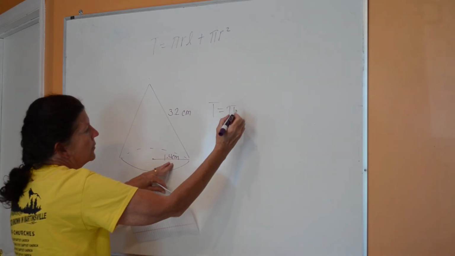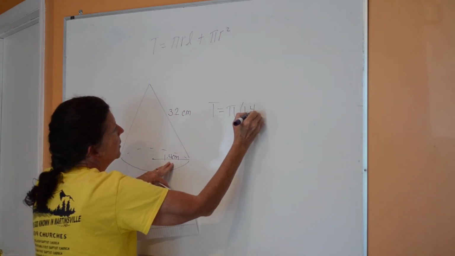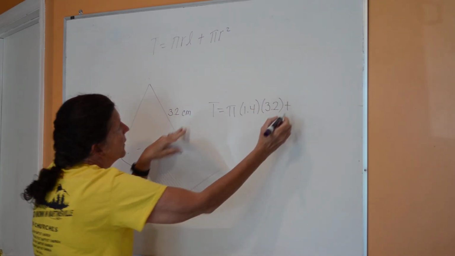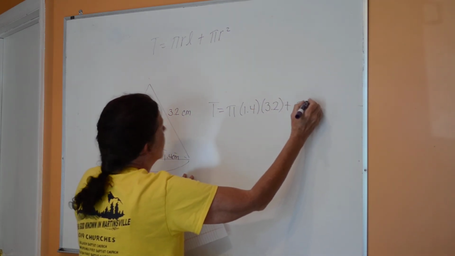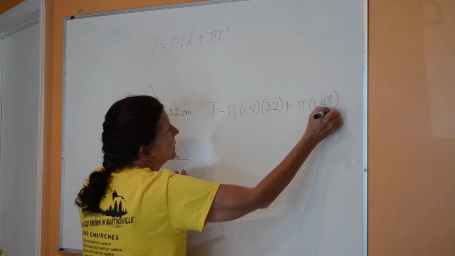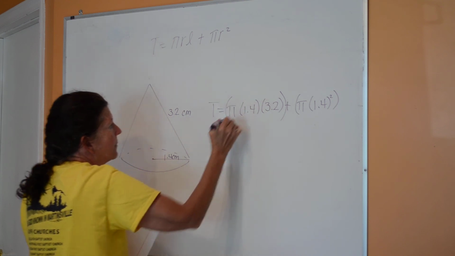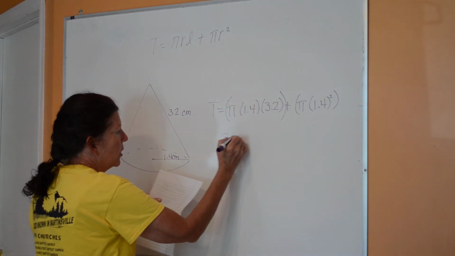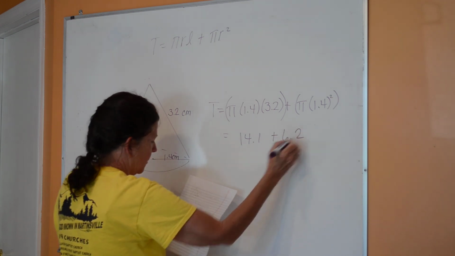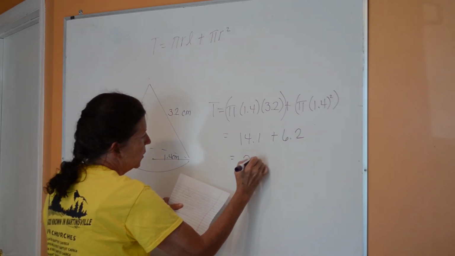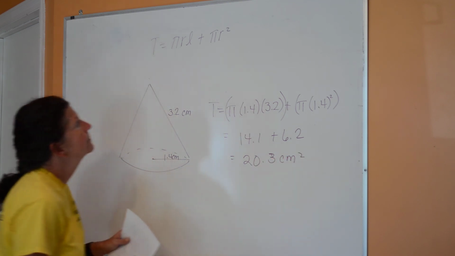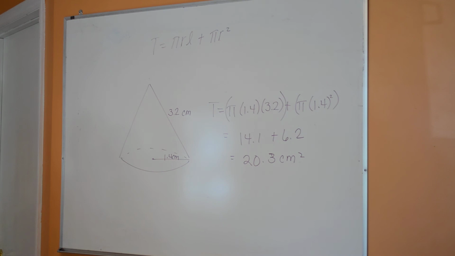Pi, the r value is 1.4, the slant height is 3.2, and then I'm adding pi times 1.4 squared. That part's in parentheses and that part's in parentheses. This part should give me 14.1, and this part should give me 6.2, for a total of 20.3 centimeters squared. And that's all there is to this section.